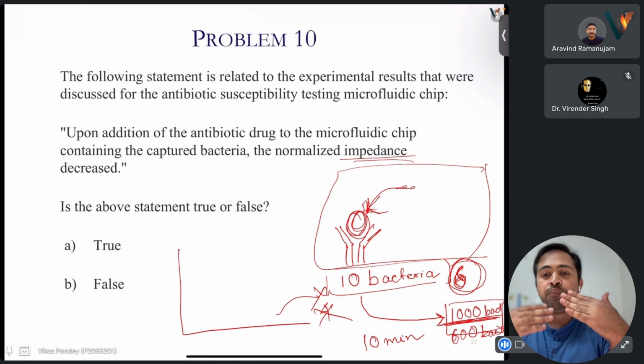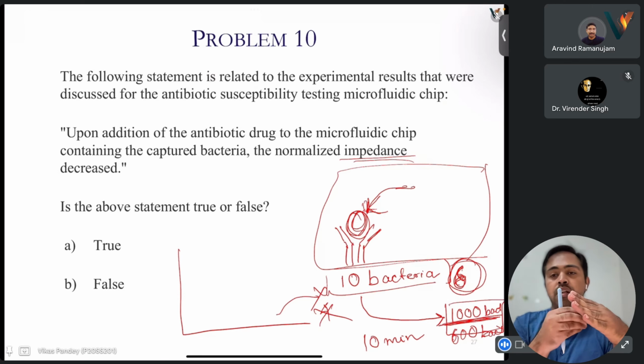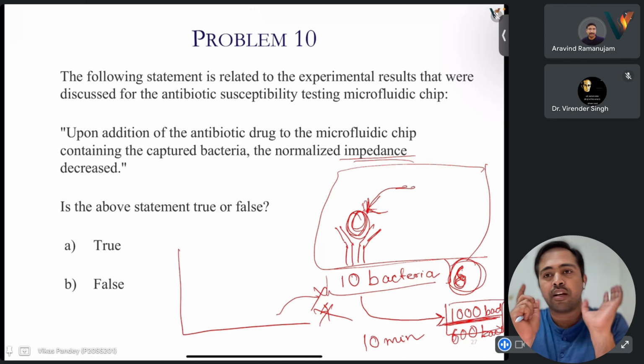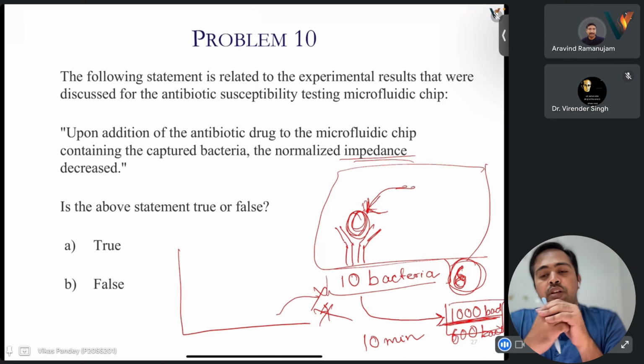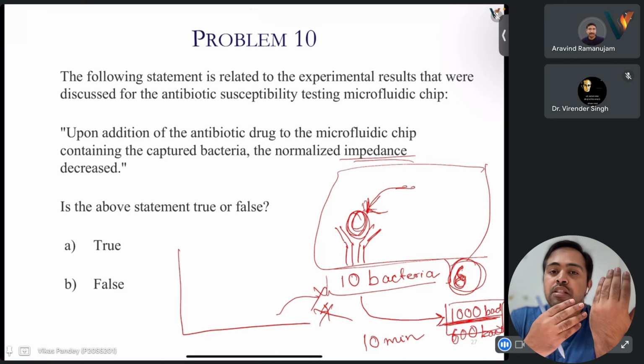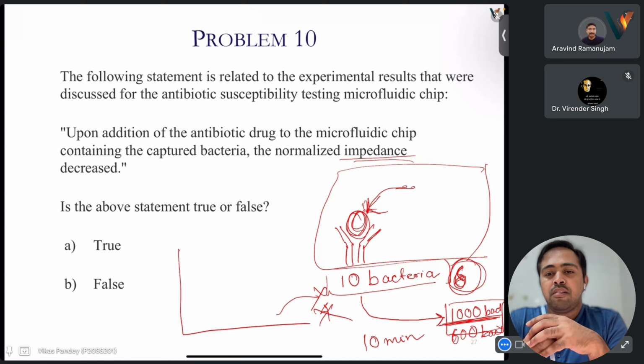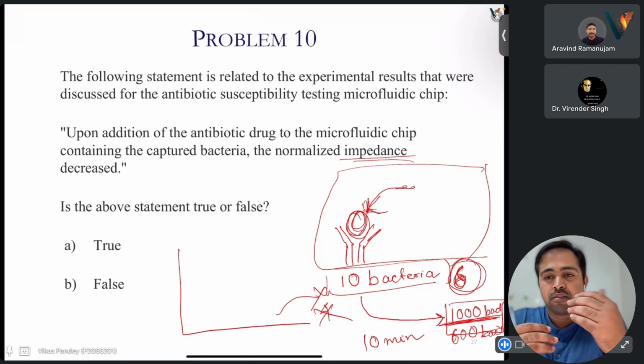Now, after introduction of the drug, I am taking an example, not the correct numbers, we have 600 only. So is the charge more or less in this case? Any answers? No, sir. Is the charge less or more?